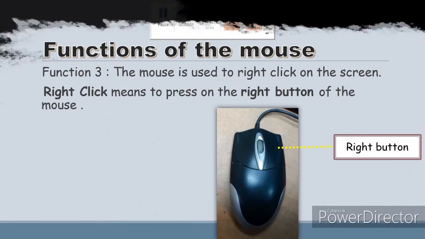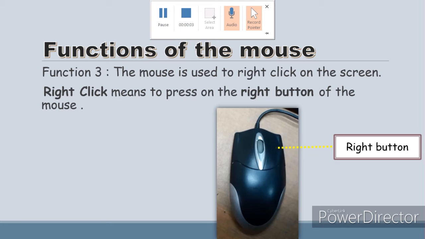What can we do more by using our mouse? We can right click on the screen. So what is right click? It means to press on the right button of your mouse. Here, this is the right button of your mouse.